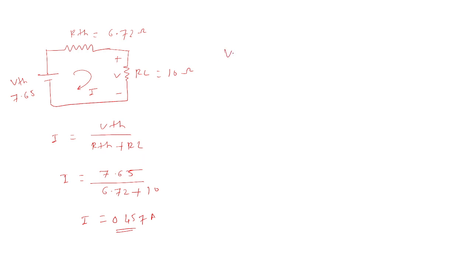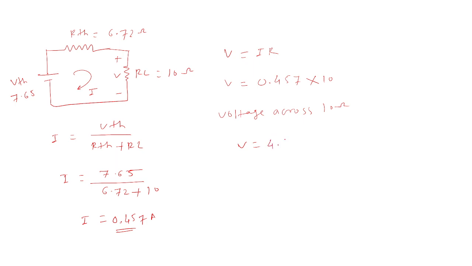So here we know Ohm's law, V is equal to I into R. Simply using that, V is equal to, what is the I value? 0.457. Here it is point. Okay, 0.457 multiplied by 10. That is nothing but voltage across the 10 ohm resistor. So V is equal to 0.457 multiplied by 10.